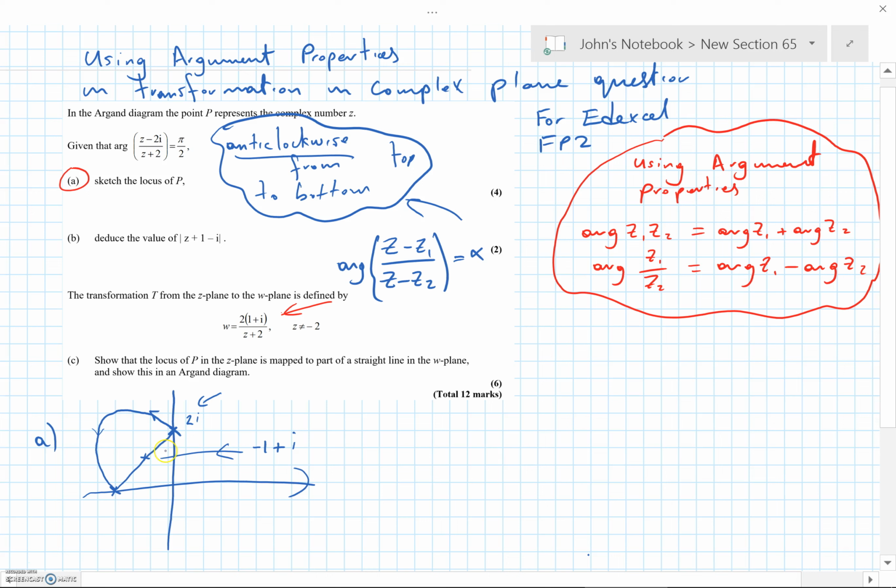And z, not z1, refers to a general point on that loci. So all we're being asked for is the radius of the circle, because the modulus of z minus (1 plus i) is going to be equal to the radius.